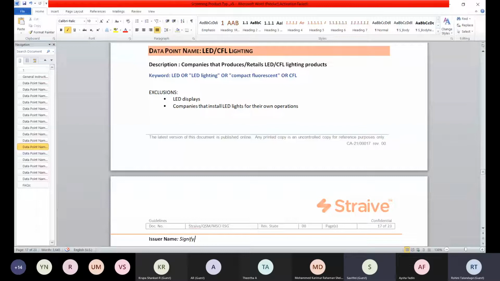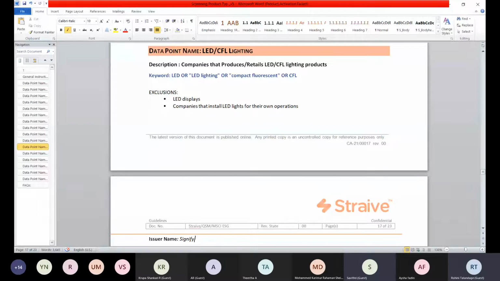In this case, we have to check both things, whether they are retailing the LED or CFL lightings, or they are producing or manufacturing LED or CFL lighting products. In this case we have to search with keywords like LED lighting, LED, CFL, or compact fluorescent.